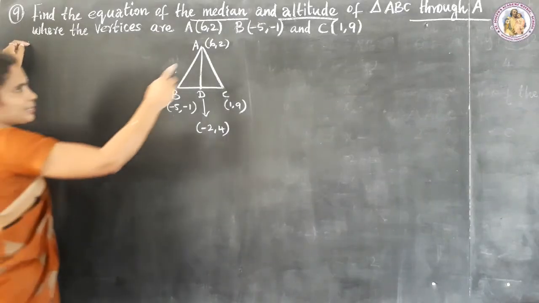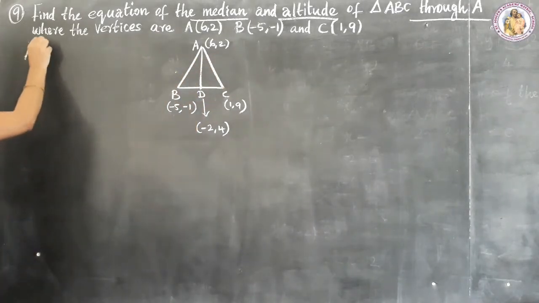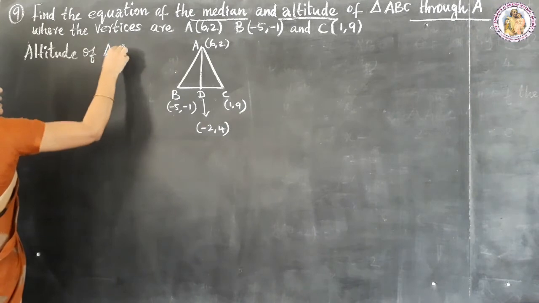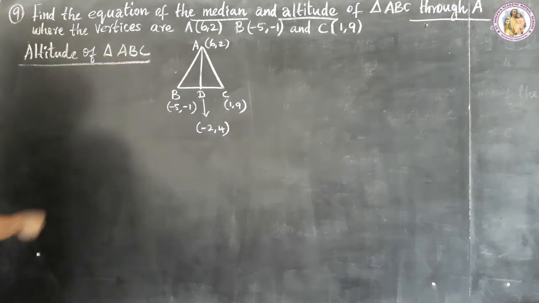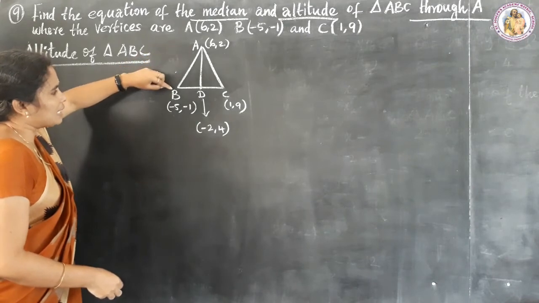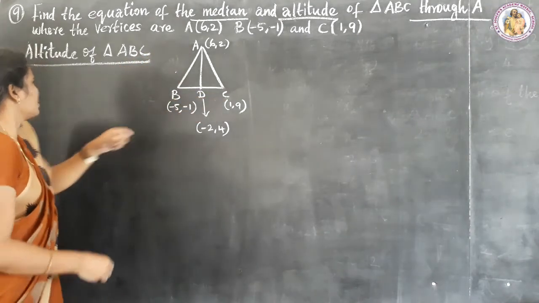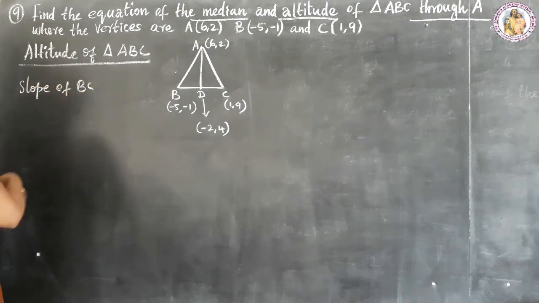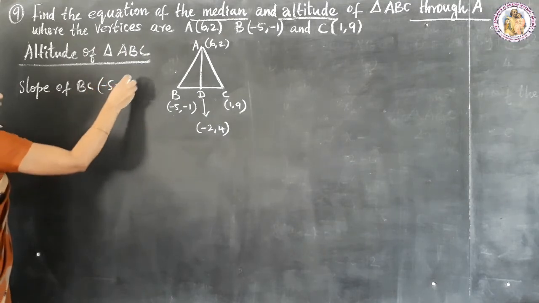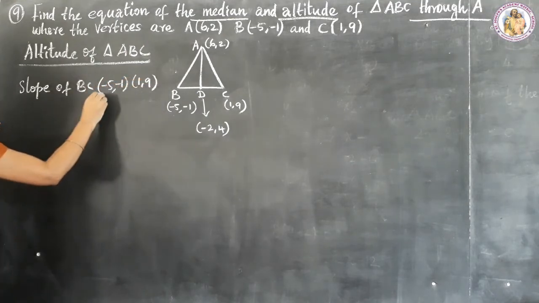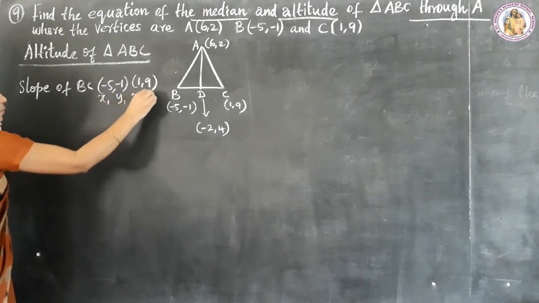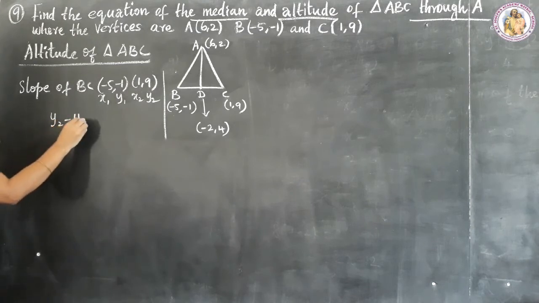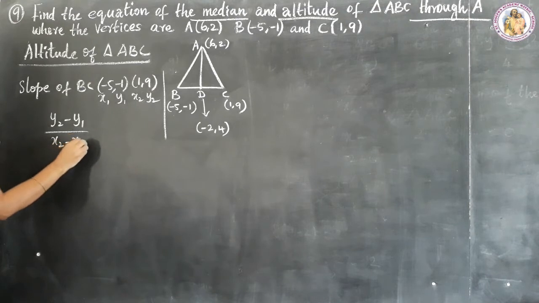Now let us find the altitude of triangle ABC. To find the altitude, first find the slope of BC. The points are (-5, -1) and (1, 9), making this x1, y1, x2, y2. Slope of BC is (y2 minus y1) divided by (x2 minus x1).